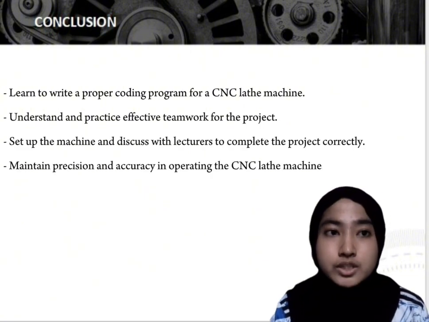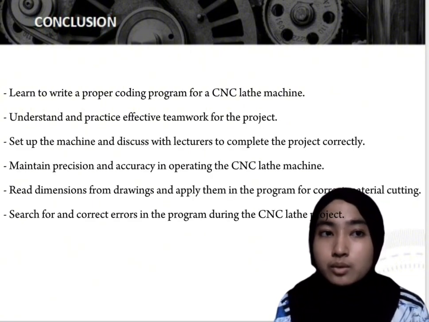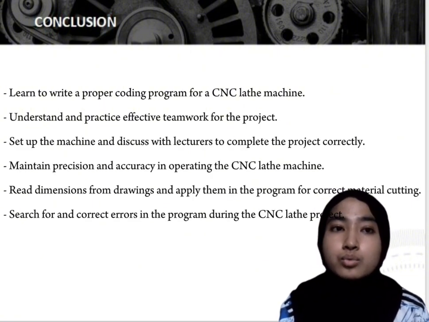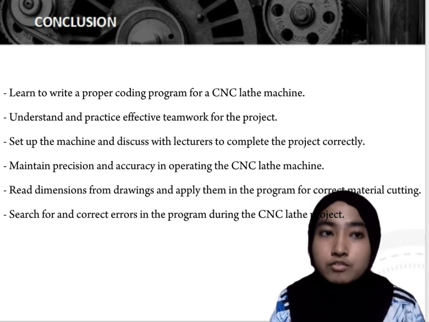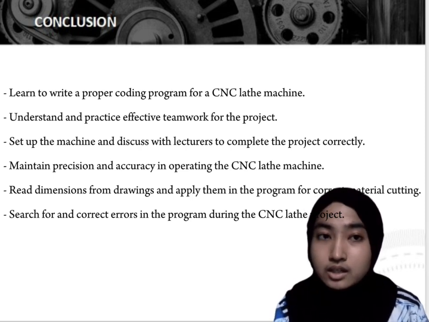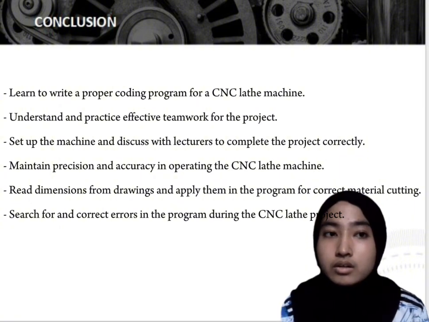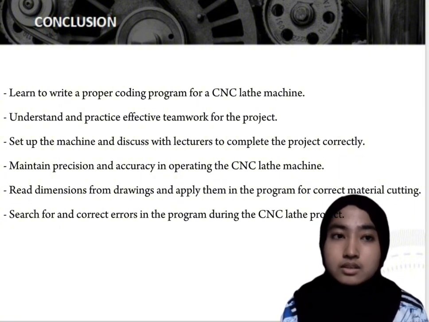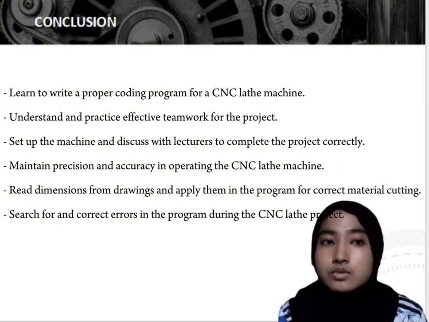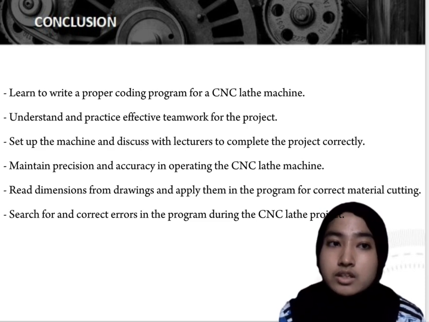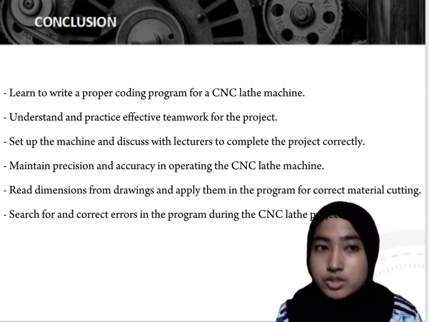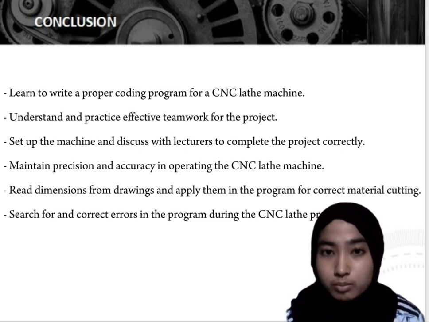For the conclusion, based on this assignment project, we learned how to write a proper coding program for a CNC lathe machine. We learned how a team works on this project. We tried to set up the machine and discussed together with lecturers so that we could learn this project properly.